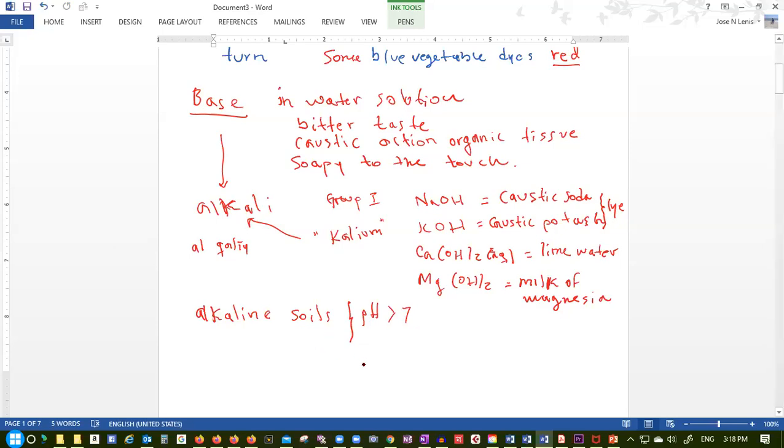But most plants like to have a slightly acidic pH, that means a pH less than 7, 6.5, 6.8. Those types of soils we call acidic soils. And these alkaline soils have that pH due to the presence of some of these metal hydroxides.